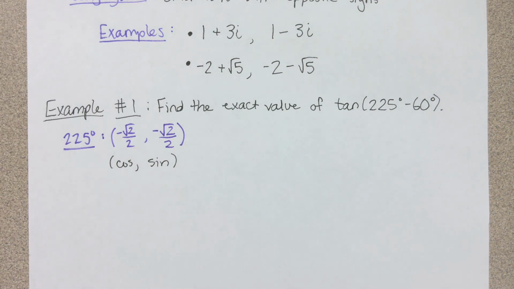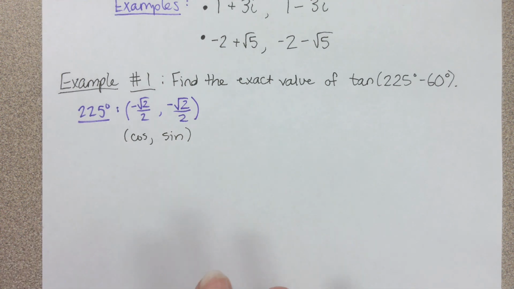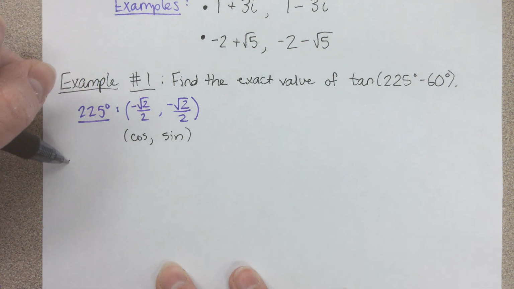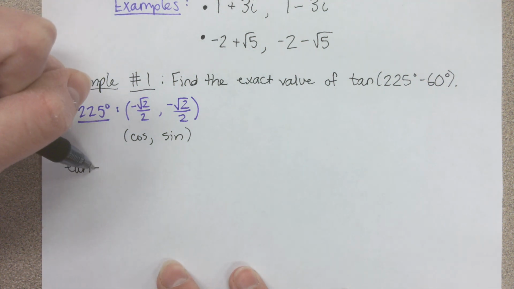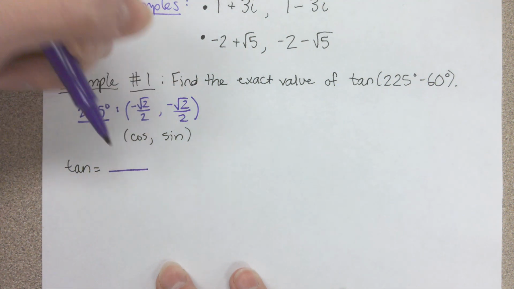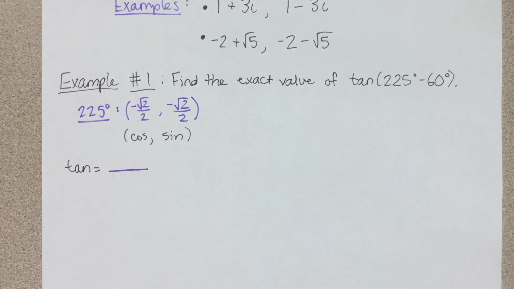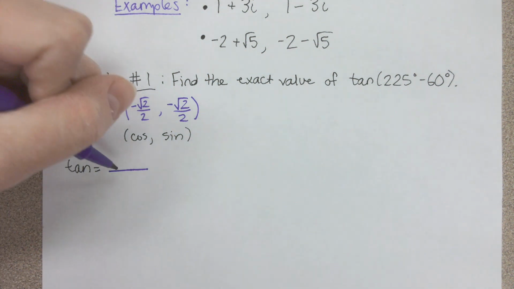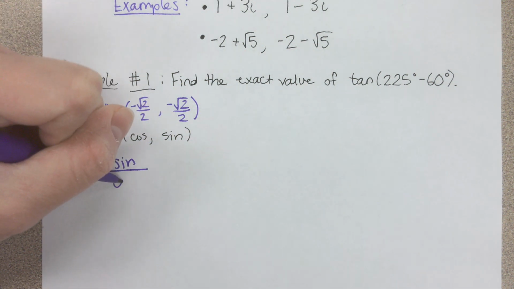Cosine's the x value, sine is the y value. And tangent is equal to what over what? Sine over cosine. We're going to use that relationship here.